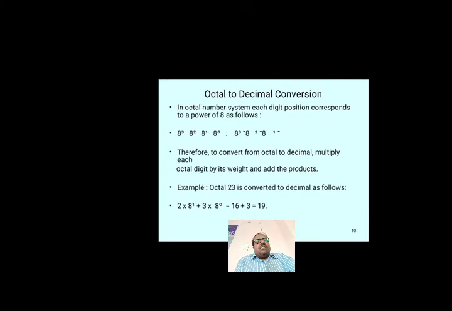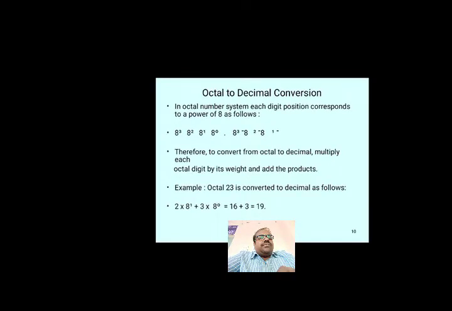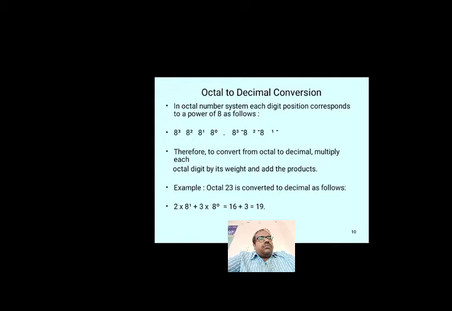Please do the conversion. Here there are two digits, 2 and 3. The weights for those digits are: 3 is in the units place and 2 is in the tens place. The weight for the units place is 0 and for the tens place is 1.